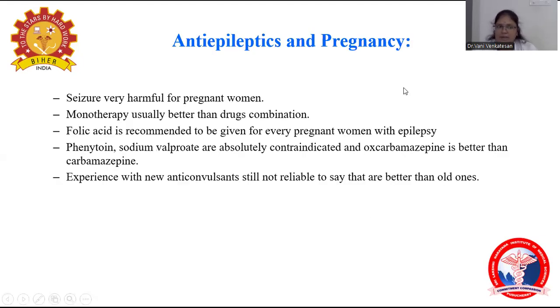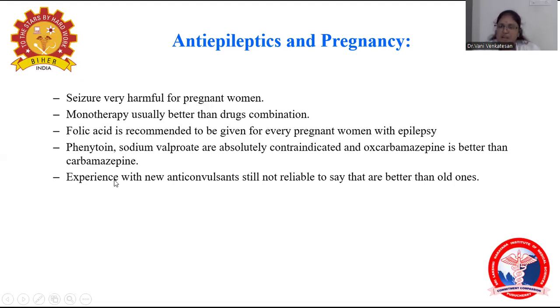Coming to epilepsy and pregnancy, seizure is very harmful for a pregnant female. Monotherapy is usually better than combination therapy for every pregnant female with epilepsy. There are some drugs which are contraindicated in pregnancy. Among anti-epileptic drugs, these are phenytoin, sodium valproate, and barbiturates, which are also contraindicated to some extent in pregnancy. Carbamazepine also comes under these.